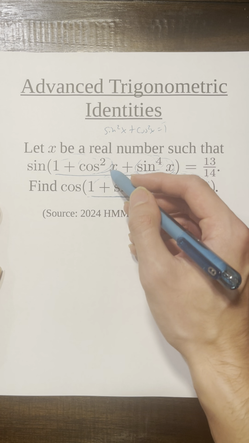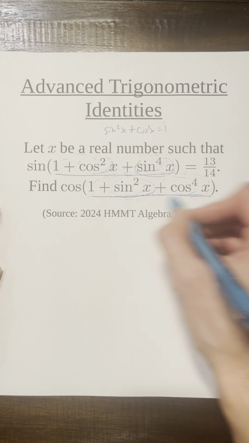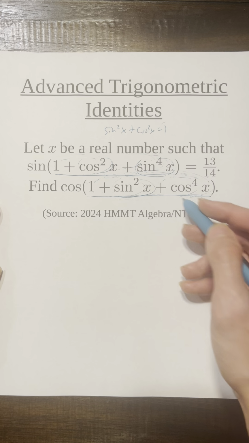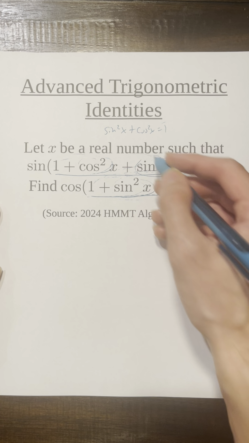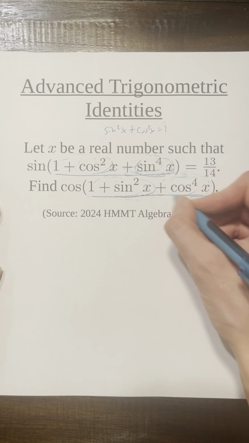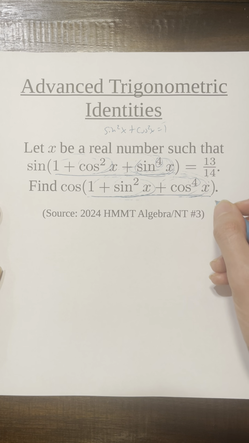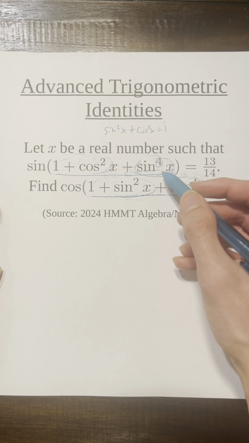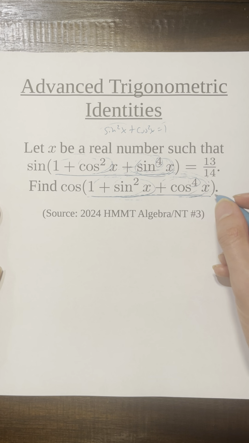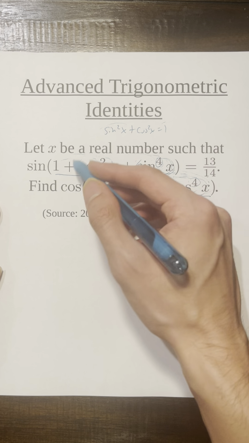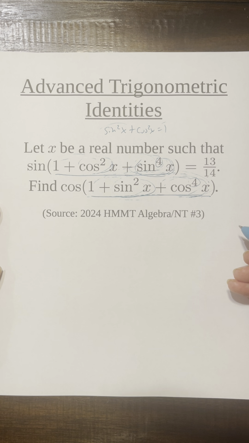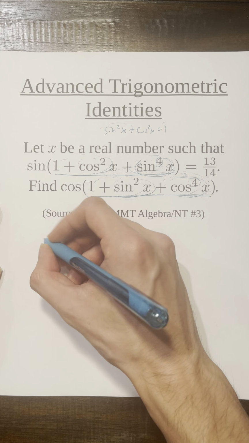So we could maybe add these. We could also try subtracting these. Subtracting works because if I subtract this and this, I'm going to get rid of the 4. It's going to turn into a difference of squares, and I can get this involved. So the highest degree is going to be 2. So let's go with subtraction.